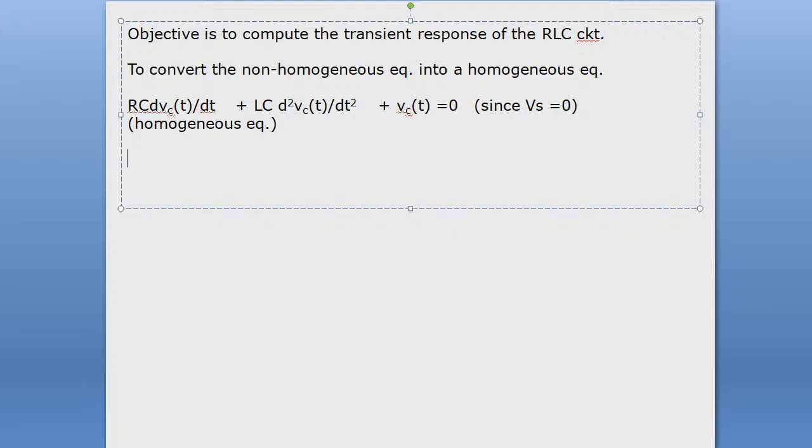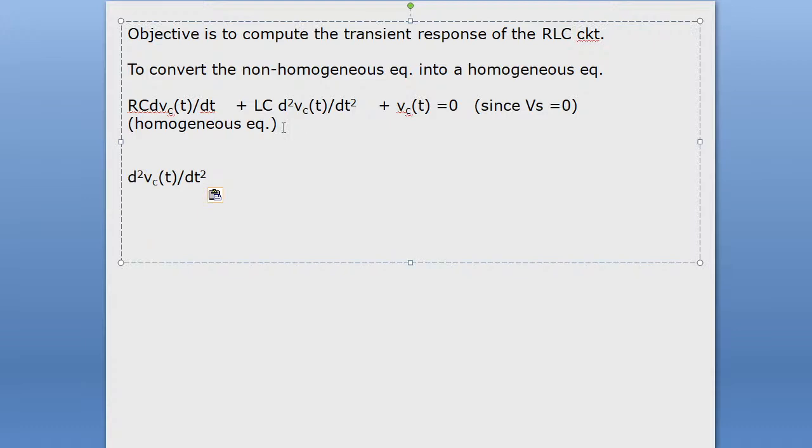First we will make it a standard second order differential equation. So let me write the standard differential equation. Everyone, write yourself the standard form of this differential equation. Let me copy this part from here, plus we can write RC divided by LC.